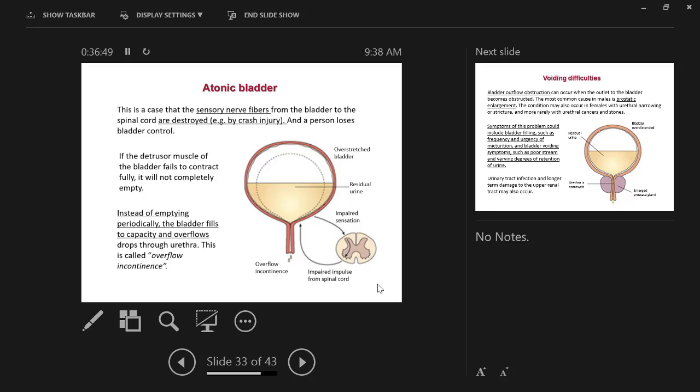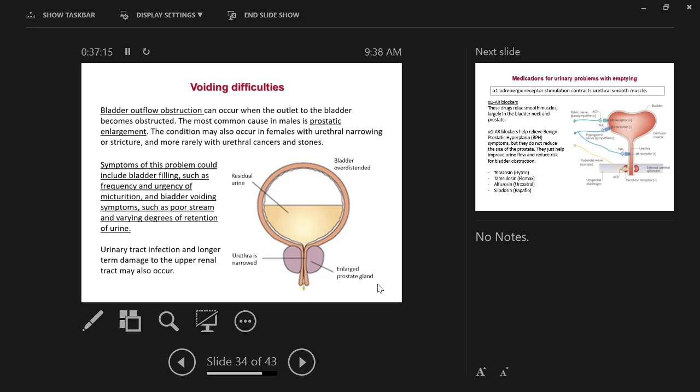So the reflex is not working, so the urine is filled more and more. And instead of emptying periodically, the bladder fills to capacity and then overflows. Sometimes this is called overflow incontinence. So that's one type.